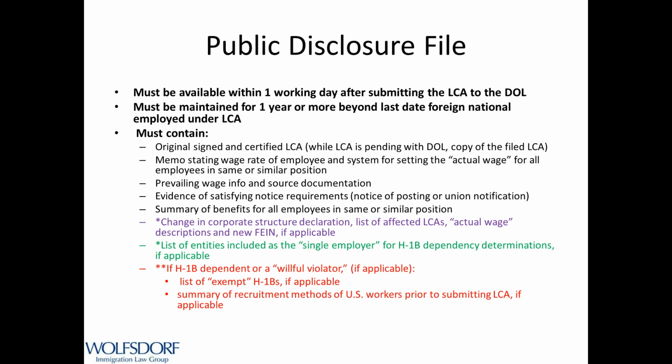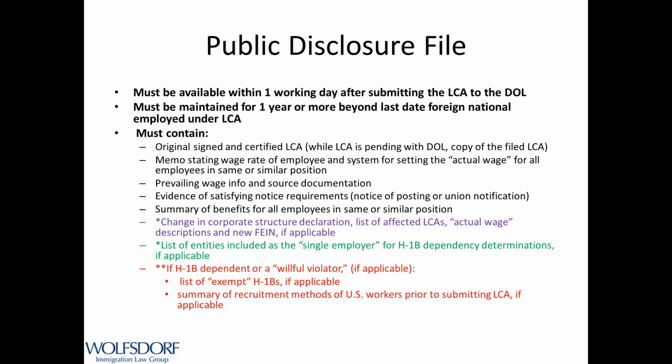And then if the company, during one of their attestations at the beginning to determine if they're H-1B dependent or not, uses what's called a single employer determination, then you have to include a list of all the corporate entities associated with that determination. This is specifically for companies who, for H-1B dependency purposes, the ratio of H-1B employees to all employees is what matters.